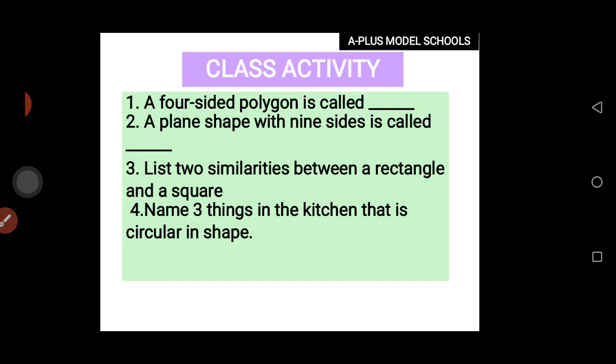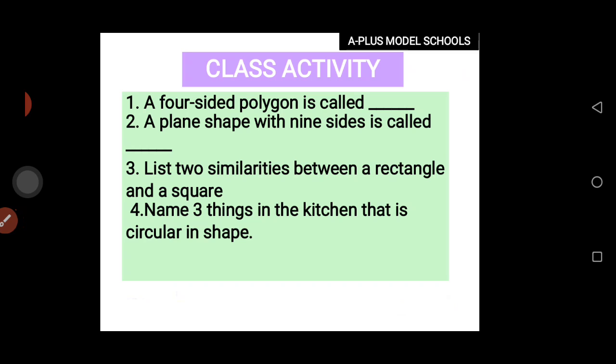You also have a class activity here, which I expect you to send to my WhatsApp. Please, when you are solving these questions, make sure you write down the question and put your answer under each question. And make sure you put your name on it boldly. So question 1, a 4-sided polygon is called dash.